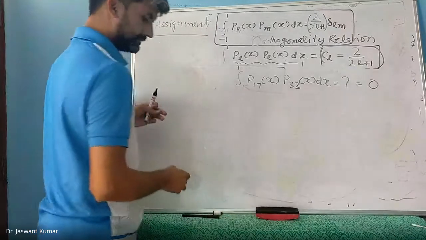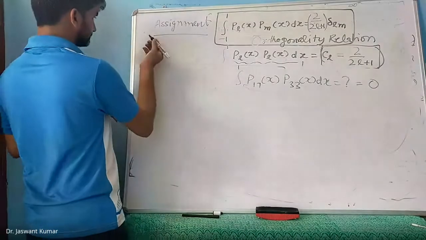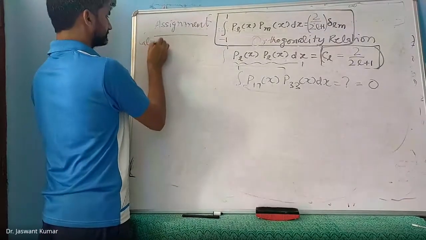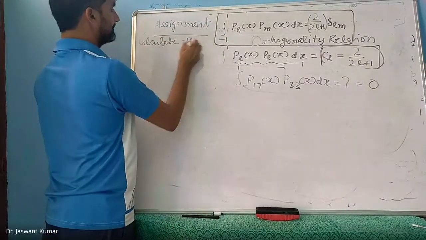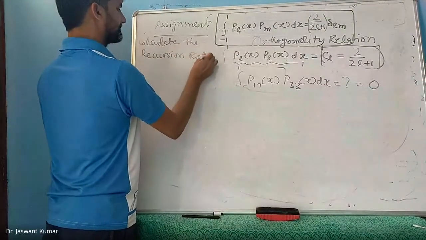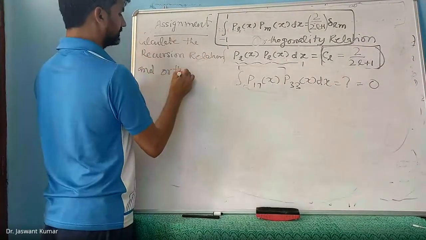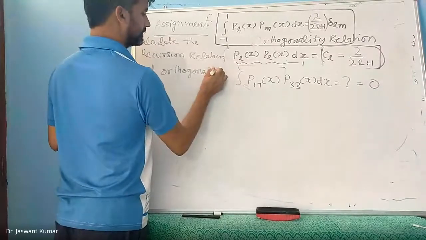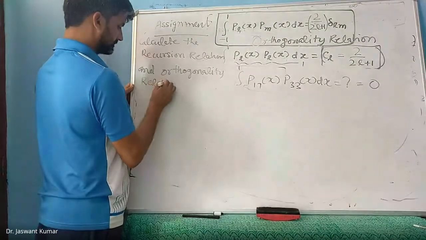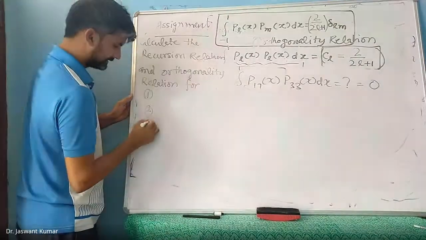So the assignment is that you calculate the recursion relation and orthogonality relation for number 1, number 2, number 3.